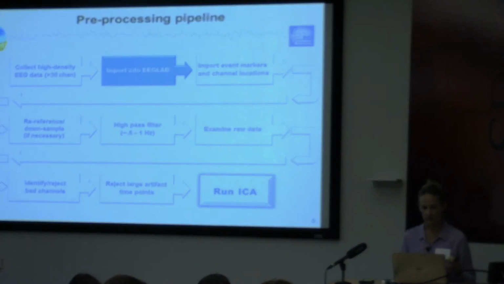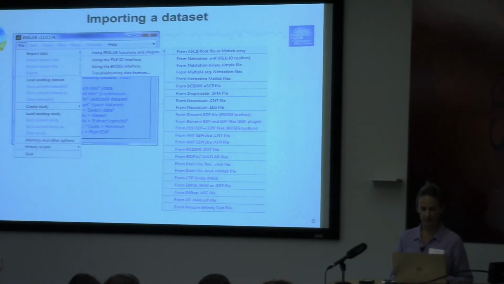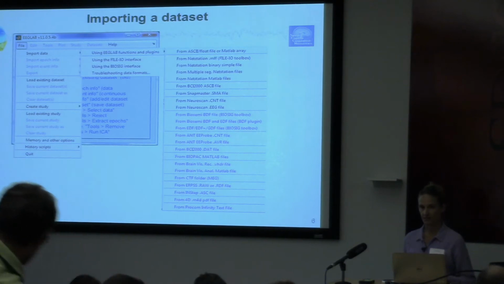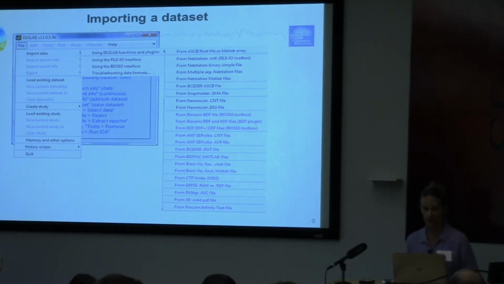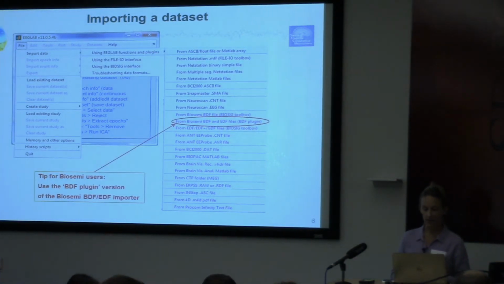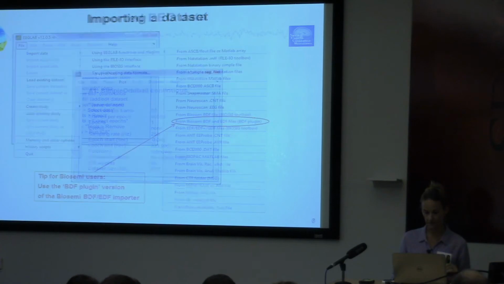So the next thing you'll do is import the data into EEGLAB. EEGLAB has many different formats that it can import, and hopefully yours is here. If worst comes to worst, you can convert your data to something like ASCII or a MATLAB array, and you can import it that way. If you do use BioSemi, we suggest using the BDF plugin that works well for us.